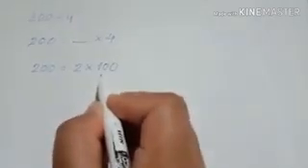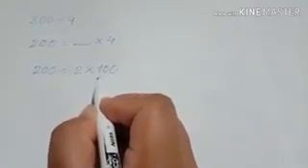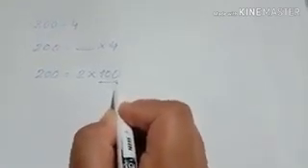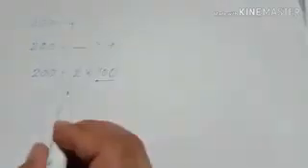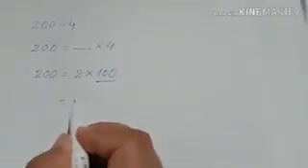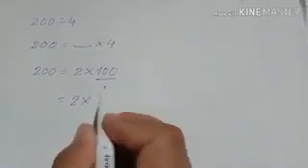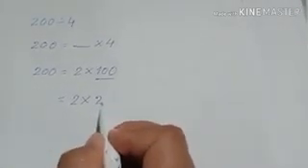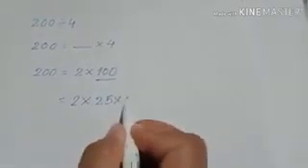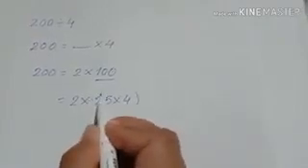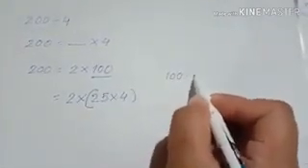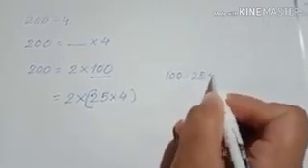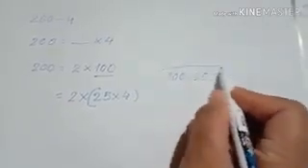As we are asked to use the fact 100 is equal to 25 times 4, instead of 100 we can write 25 times 4, which is given in the question.